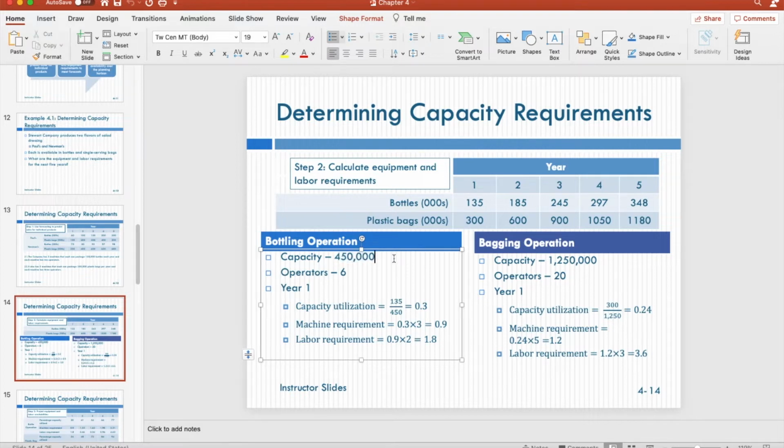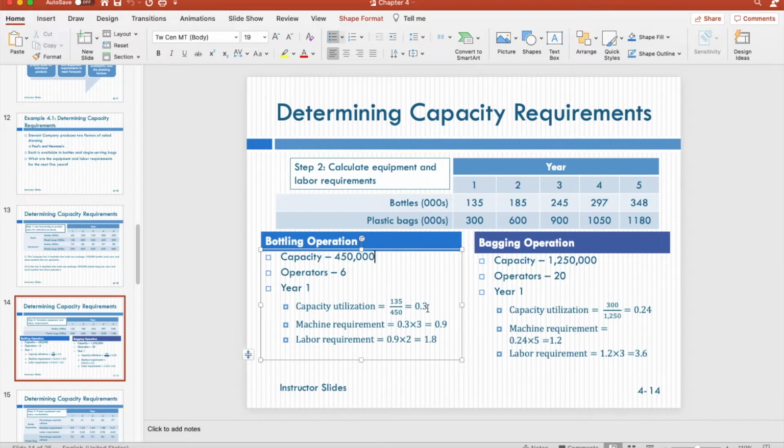Even if you need 500,000 bottles, you cannot do that because you only have 3 machines, and each machine can only produce 150,000 each year. That's the selling amount that you can produce. So make that clear. Try to understand exactly the meaning of the capacity.